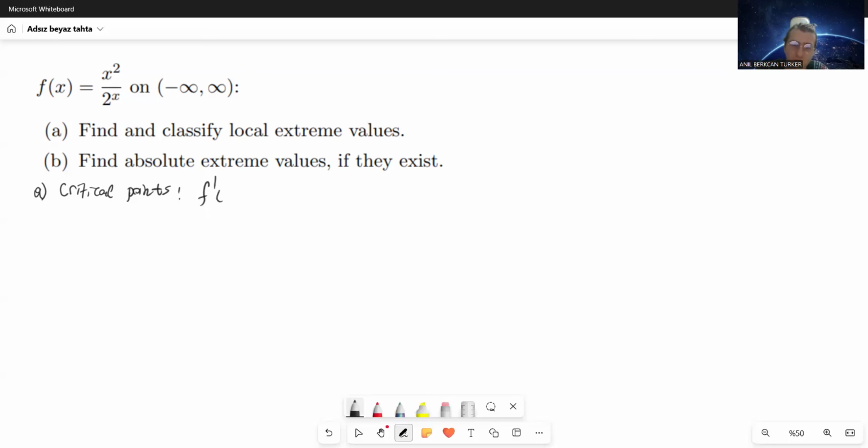So f prime of x, I'm just going to apply the quotient rule: 2x times 2 to the power x, minus x squared times the derivative of 2 to the power x, which is 2 to the power x ln 2, over 2 to the power x squared.